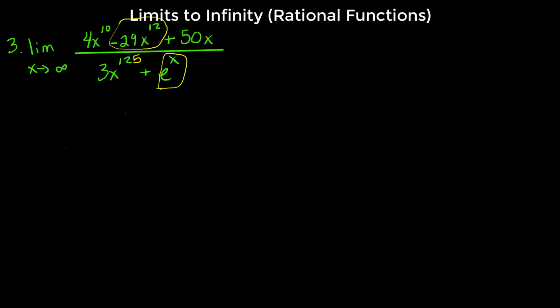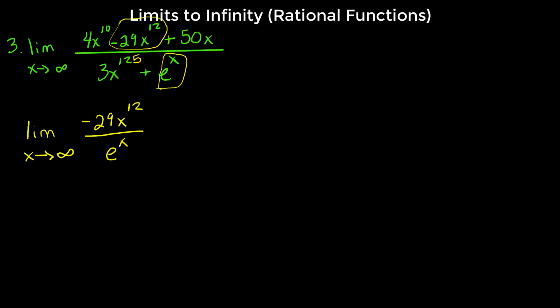So step 3, we are going to state that this limit is equivalent to the limit as x approaches infinity of negative 29 x squared, or x to the 12th, sorry, all over e to the x. So this limit up top will be equivalent to this limit. Up next, I'm going to save myself a little bit of trouble.